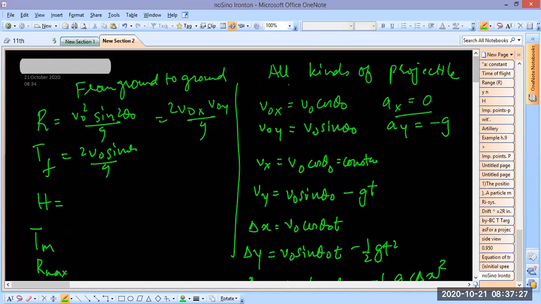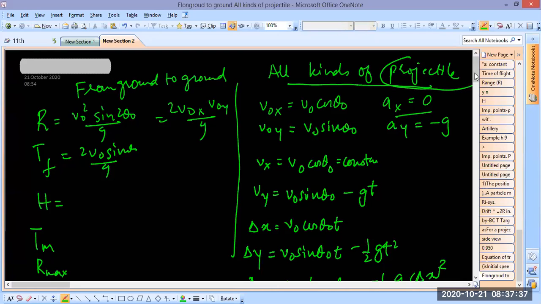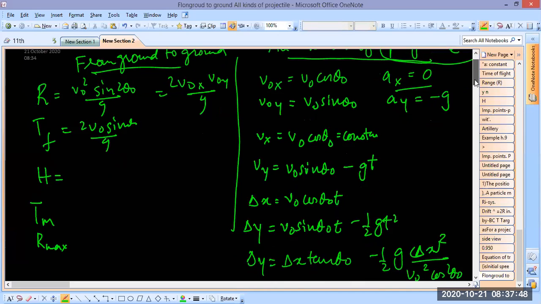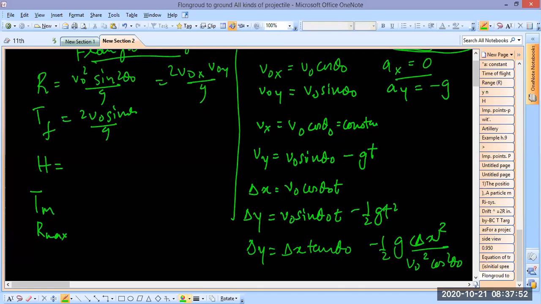Everything written on the right side, this is always true. All that is always true for a projectile, right? But these formulas on the left side are only true for ground to ground. So keep this in mind, okay? What I mean to say is the things on the right side are superior, right? Why are they superior?